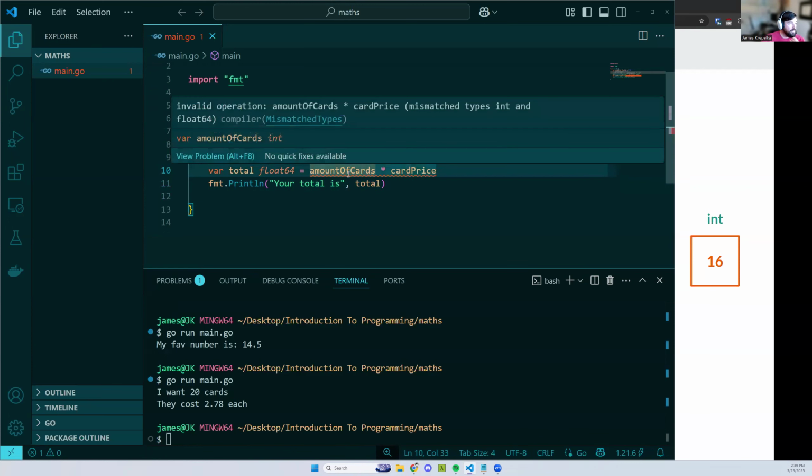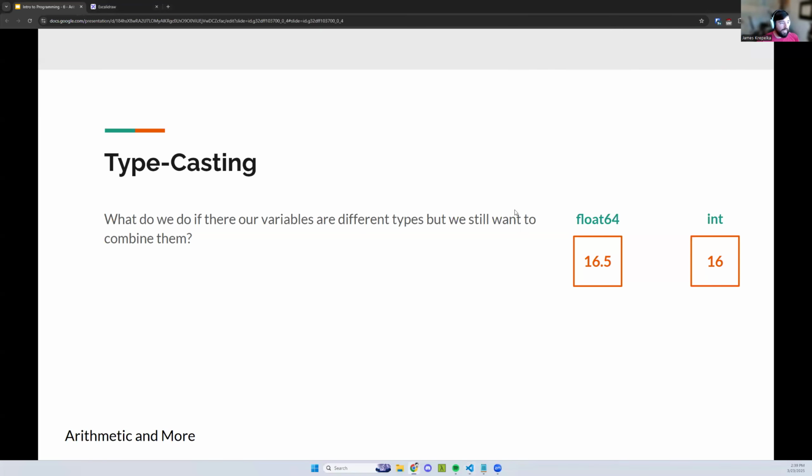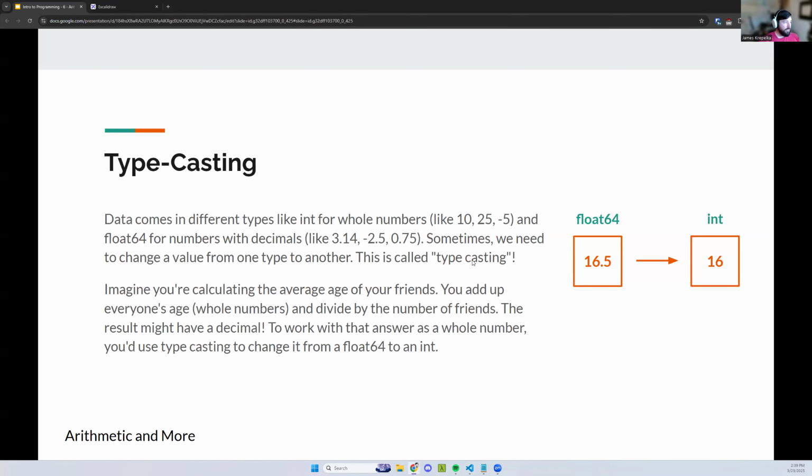So if I have amount of cards and card price, it doesn't like this because what? It says mismatched types int and float 64. It's an invalid operation. We saw how to multiply two integers. We saw how to multiply two floats. We did not see how to multiply mismatched ones. And the shorter answer is you actually can't do that. You cannot mix and match types.